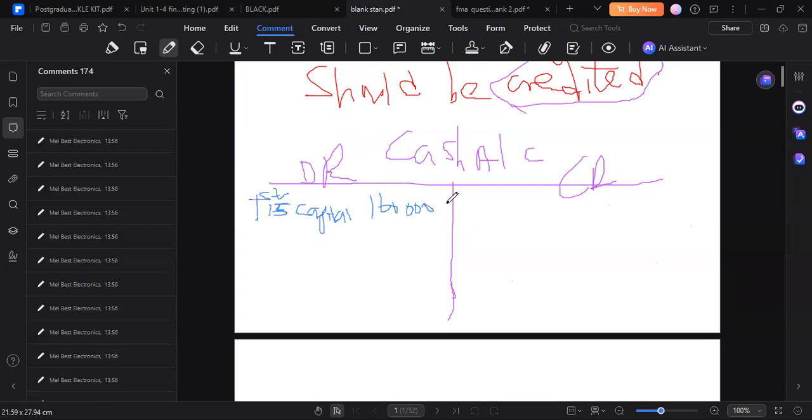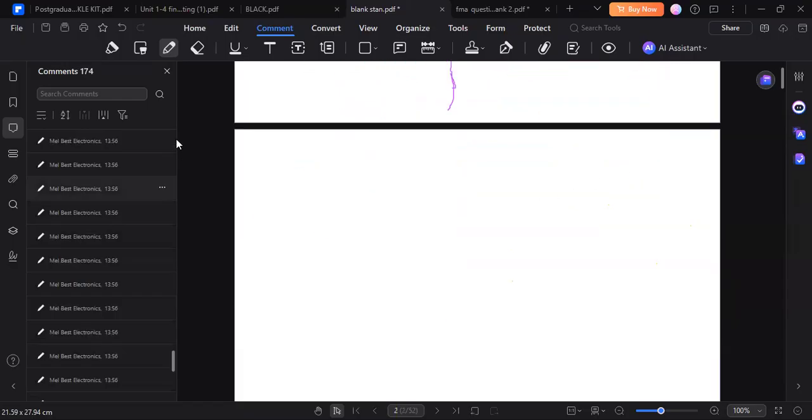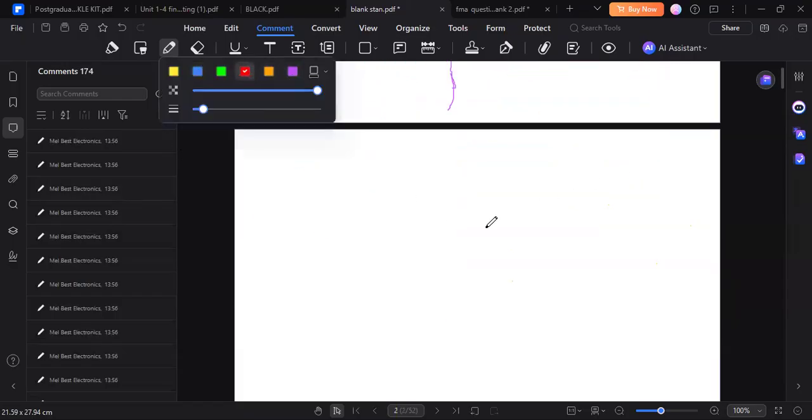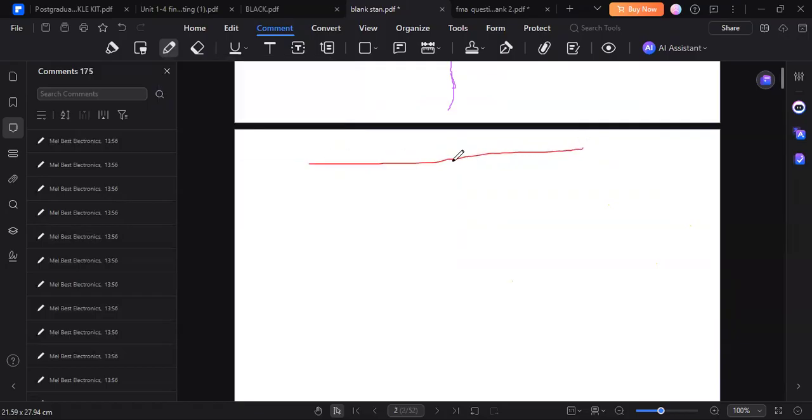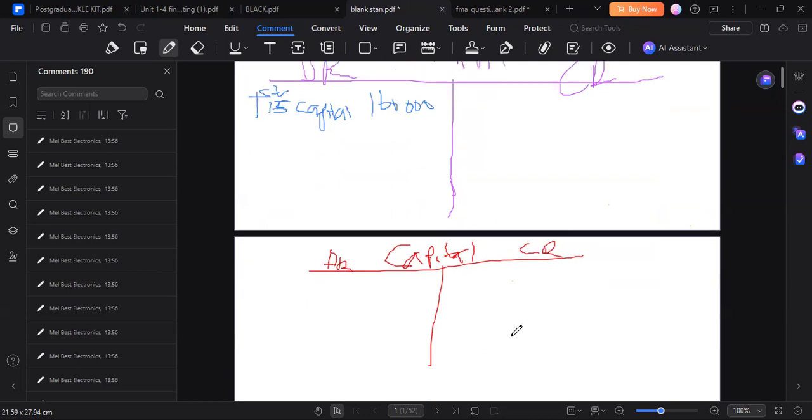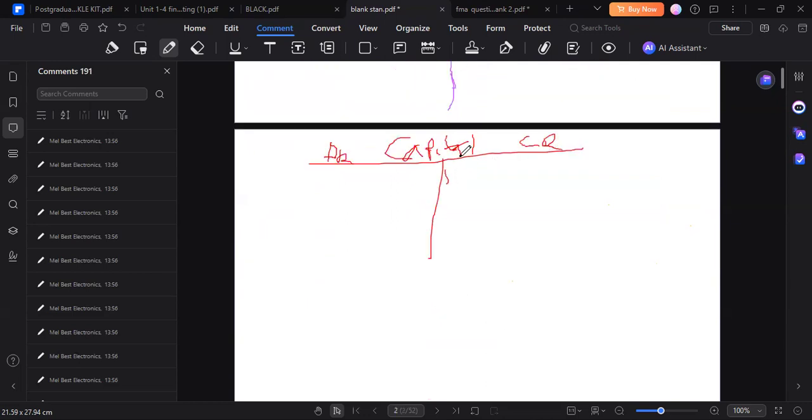All right, then capital account always has a credit balance because you're giving away. So capital is on the credit side, and cash on the debit side. On 1 January 2015, this one went into cash.